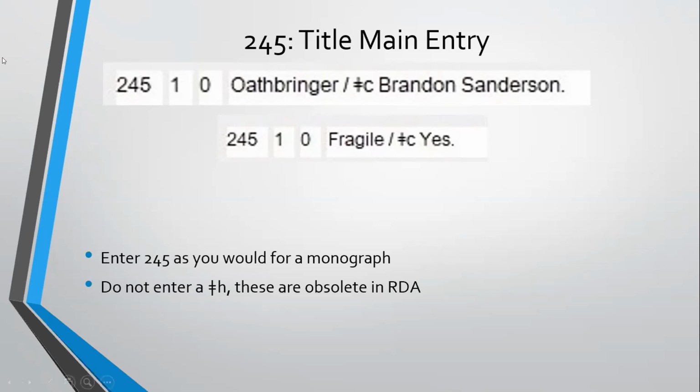Something that MLA specifies, the Music Library Association, is that you need to include a note on the source of your title. And this is something that you should do even if it's from that preferred source, because it can vary so widely with this type of material. So you might include a 500 that says title from disc label or title from container.